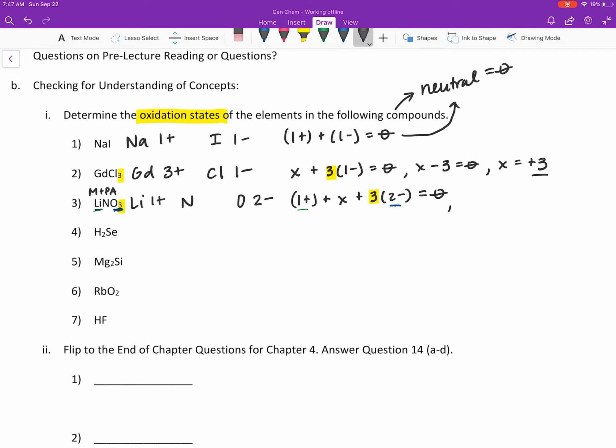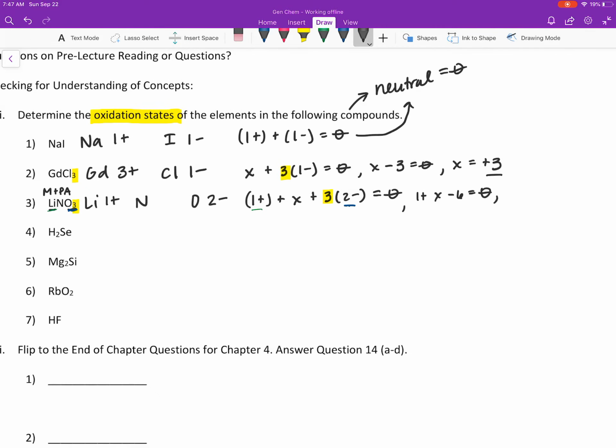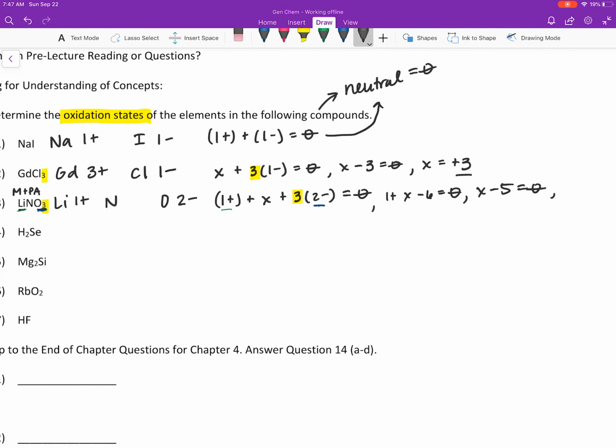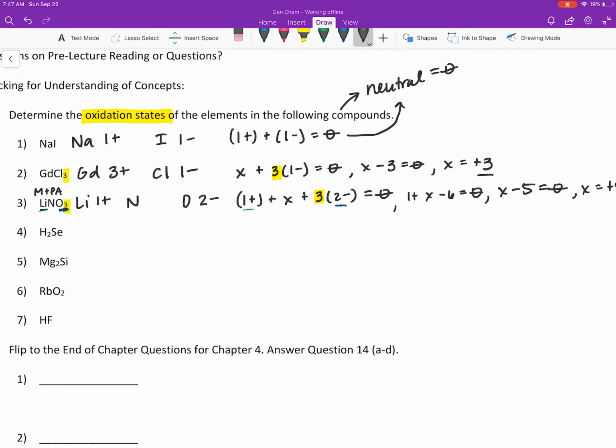So in this case, I'm going to have 1 plus x minus 6 equals 0, which will reduce down to this because the positive 1 and the negative 6 will leave me with a negative 5. Add 5 to both sides, and what this tells me is that x must be positive 5 in order for lithium nitrate to be a neutral compound. Okay, so those are my oxidation states.